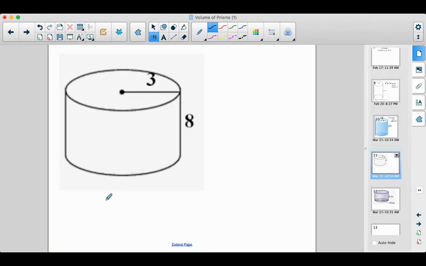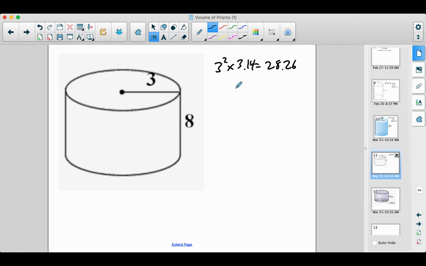All right, why don't you try this one, pause it, and then we'll come back and see how you did. All right, welcome back. Let's walk through this one together. Again, we're going to start by finding the area of the base, which is this circle. We're given the radius, so we're just going to square it, multiply it by pi, and that should give me 28.26.